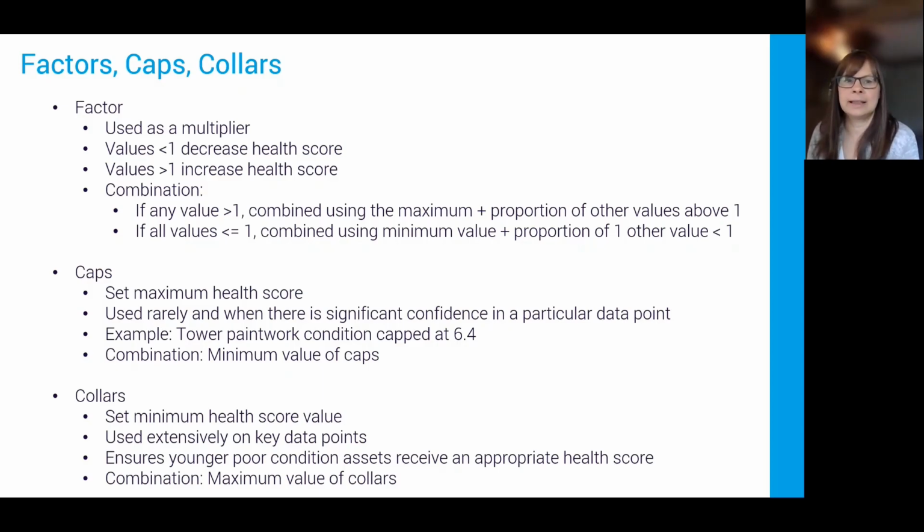So the collars really are to pick up poor condition of young assets. If they're older assets, they'll get there anyway with the factors and those multipliers, but if they're young, they probably won't. So these are things that you need to do something about, and we combine those by taking the maximum of the collars, the highest of the collar values.